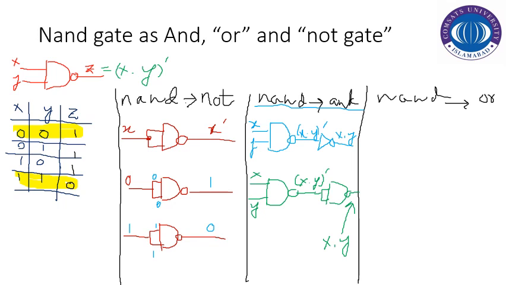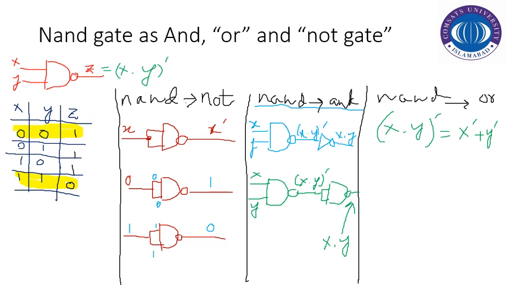So if you see that the expression of NAND gate is equal to x dot y whole prime, isn't it? So if we just open this expression to resolve the prime by using De Morgan theorem, we can say that this thing is equal to x prime or y prime. But for the OR operation, we require x and y other than x prime and y prime.